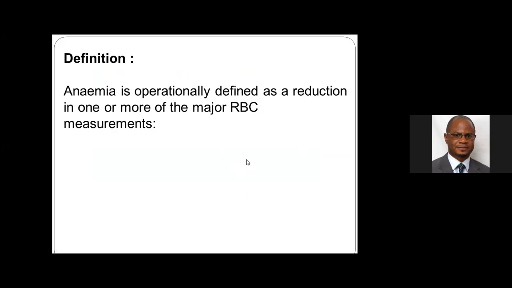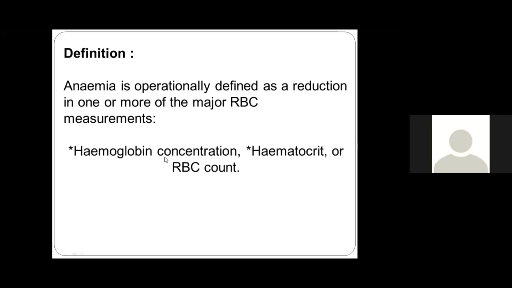So if, for example, we have less hemoglobin but normal hematocrit or normal red cell count, it will still be considered as a presence of anemia. If we have less hematocrit and normal hemoglobin or RBC count, it can be determined as anemia based on the reference range that we have for the individual measurements. The good news is that most often than not, they tend to corroborate each other.